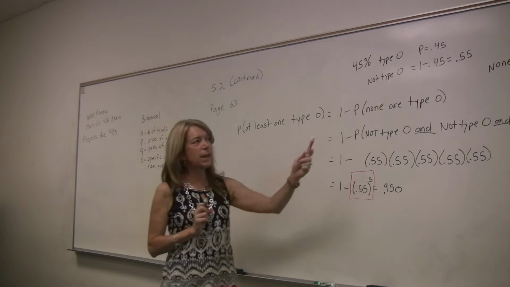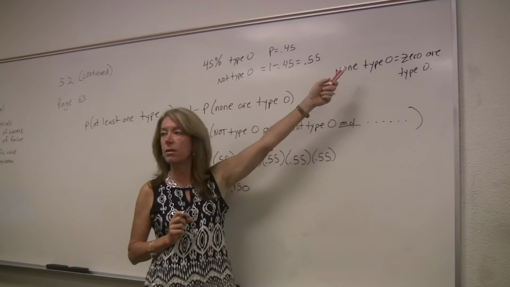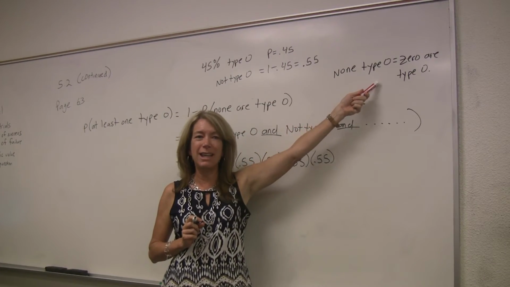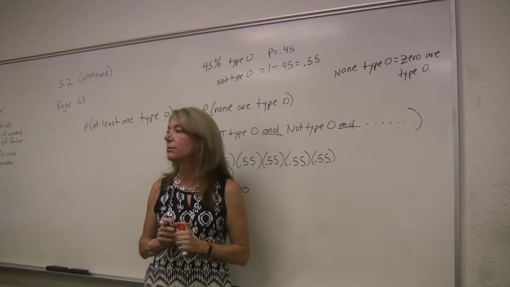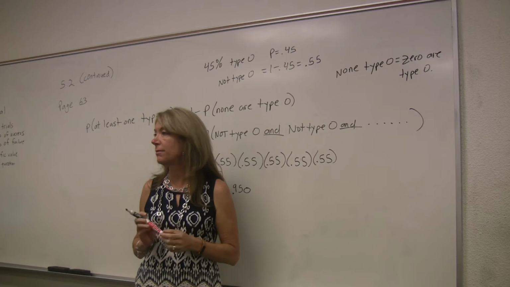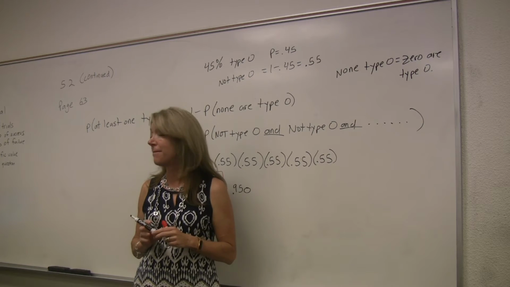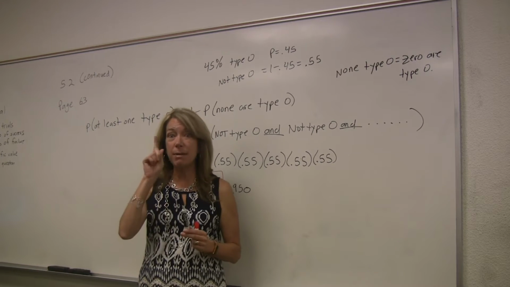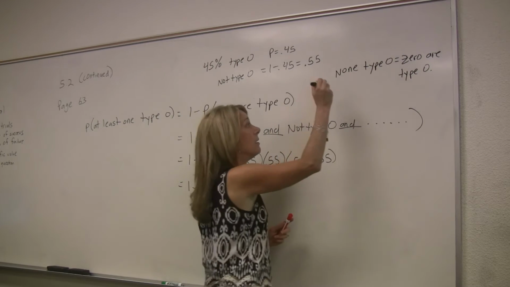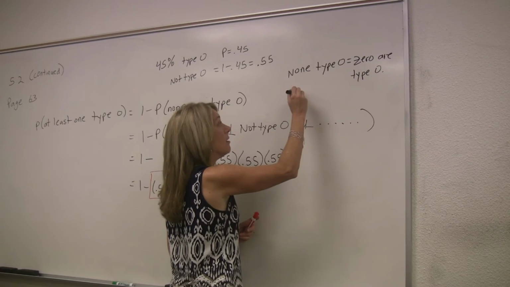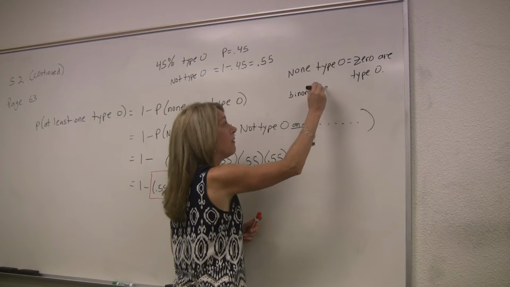So what's another way to find this using binomial? If I want the probability that 0 of them are type O, I'd use PDF, because I'm talking about a specific point. Binomial PDF.